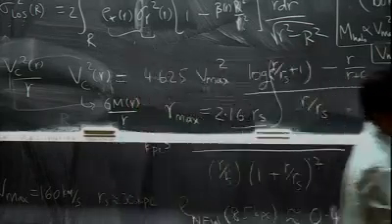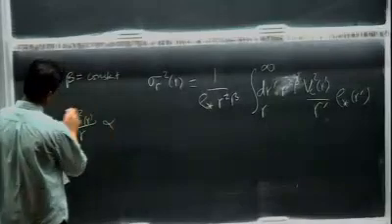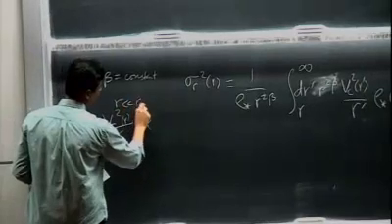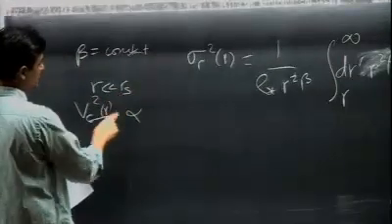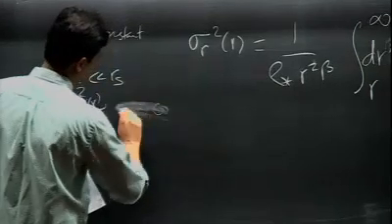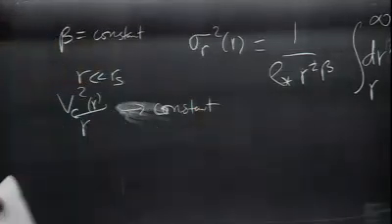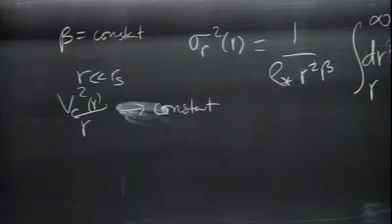And so for r much less than rs, and we'll motivate this in just a second, this is going to be a constant. Okay, and that's just the statement that the acceleration in the inner parts of an NFW halo or cold dark matter halo is constant. Okay, so you have a constant force.